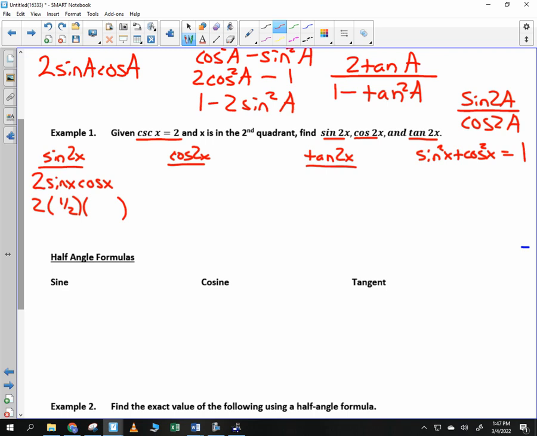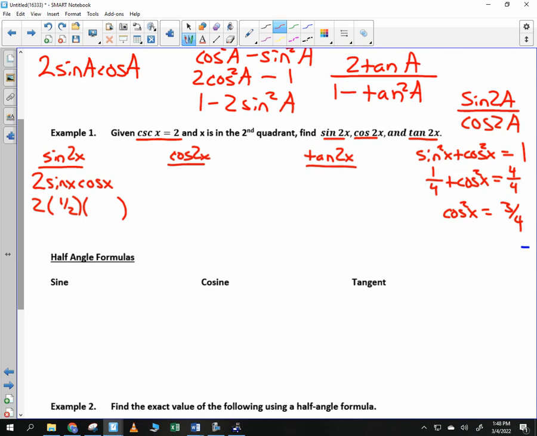What is sine squared? 1/4. Is equal to 1 or 4/4. Does this look familiar? This was on your first test of the semester. We subtract a 4th, we get cosine squared of x is equal to 3/4.